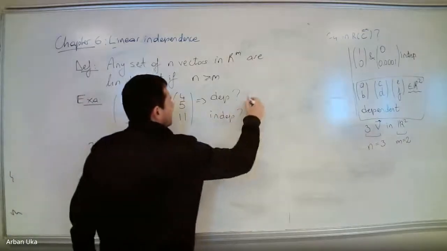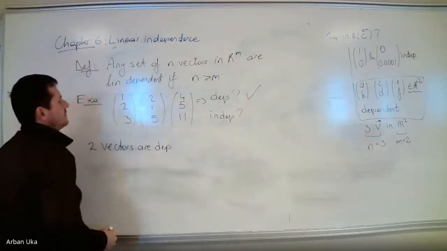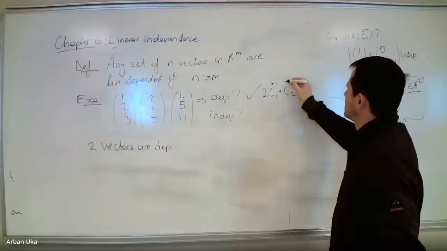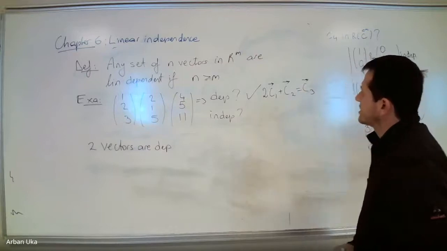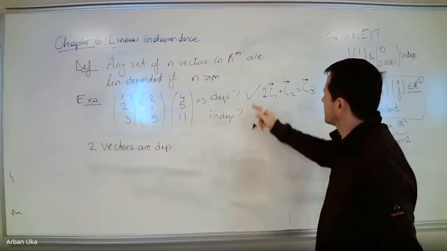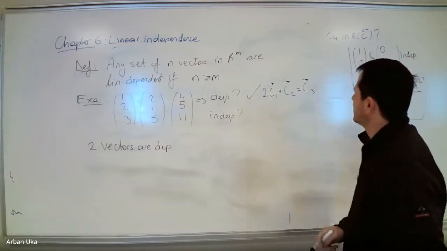Dependent. Dependent? Okay. Yes. Why? Because if we multiply the first vector by 2 plus the second vector, it equals the third vector. That is correct. So these are dependent and not independent, because for this combination we get this relationship.